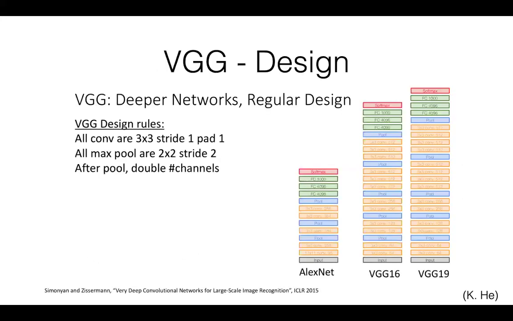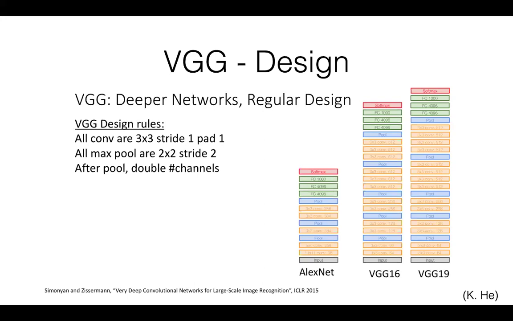The main reason is that VGG was a deeper network compared to AlexNet, but had a very simple, very regular design. The design rules for VGG: all the convolutions are 3 by 3 filters with stride 1, and all the max pooling, the change of scale, was a dyadic change of scale with 2 by 2 max pooling with stride 2.